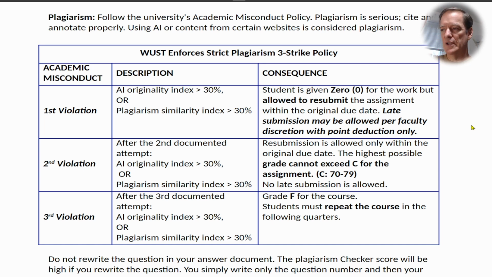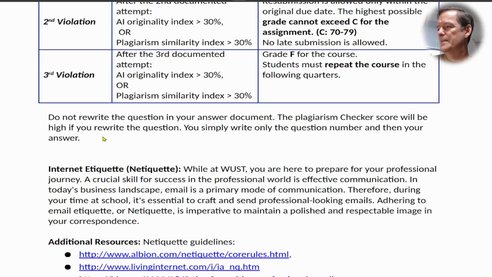The third violation, whether an AI or plagiarism violation, results in failing the class. This does happen. Trust me, I failed students just last term for use of AI. Now here's a good tip. Do not rewrite the question in your answer document.